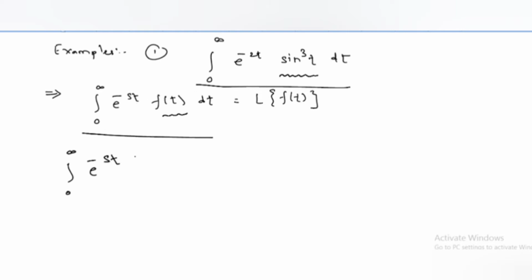So we take f of t as sin cube t. So sin cube t dt is equal to Laplace of sin cube t.